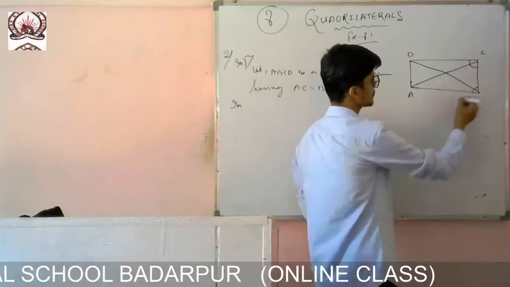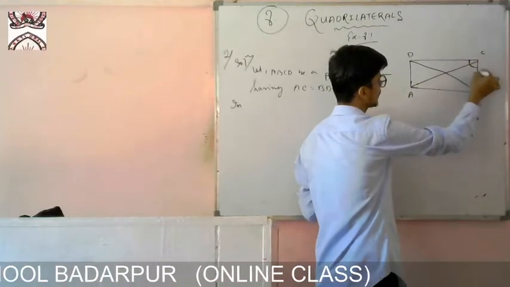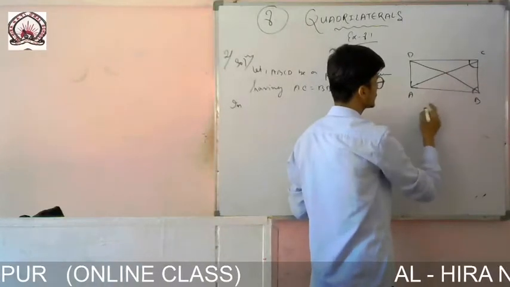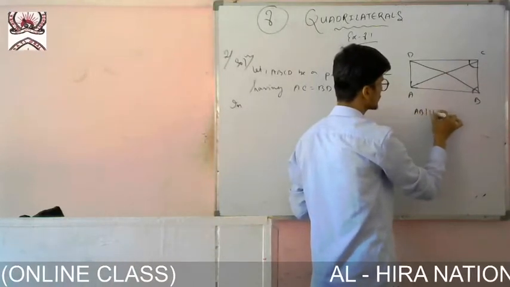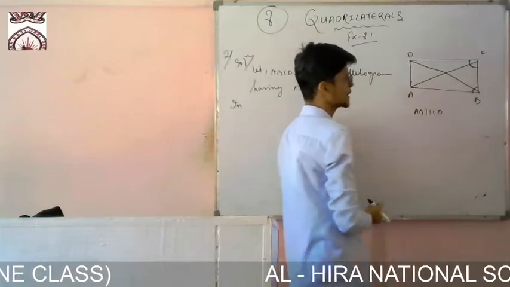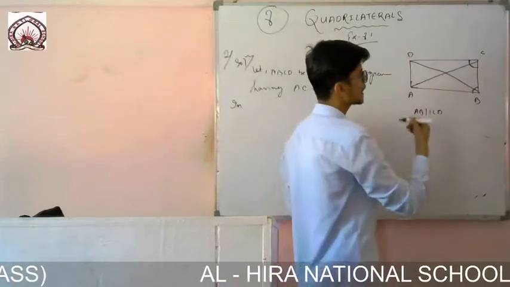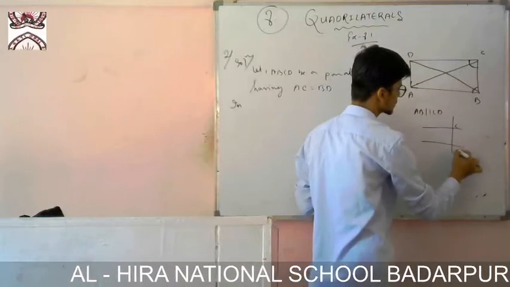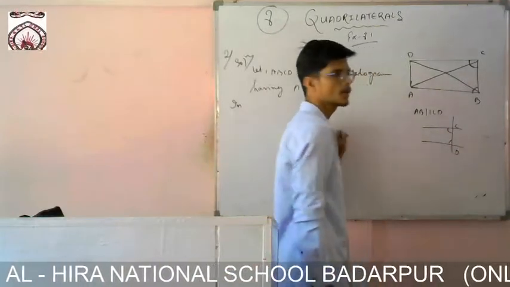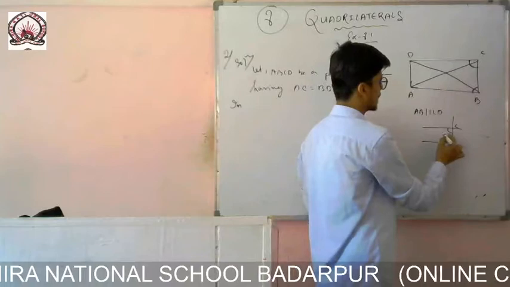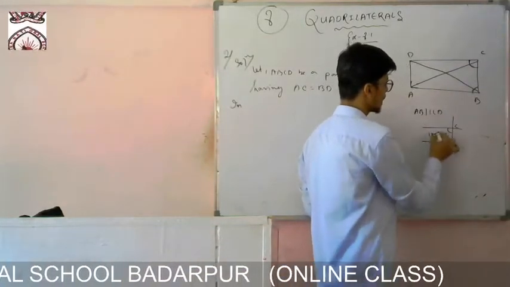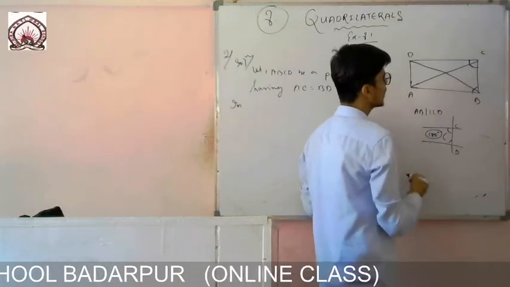Then we know that since it is a parallelogram, AB is parallel to CD. If AB is parallel to CD, and I take CD as a transversal, then this one and this one will be co-interior angles, and the sum of co-interior angles is equal to 180 degree.